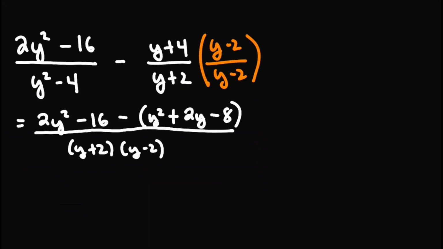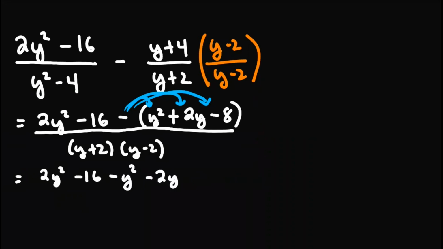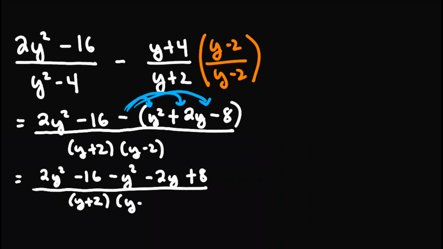Next thing we do is we distribute this negative sign out here. So we'll have 2y squared minus 16 minus y squared minus 2y plus 8 all over y plus 2 times y minus 2.